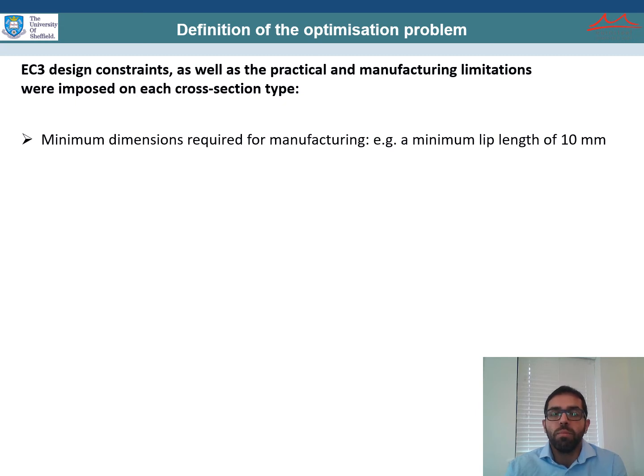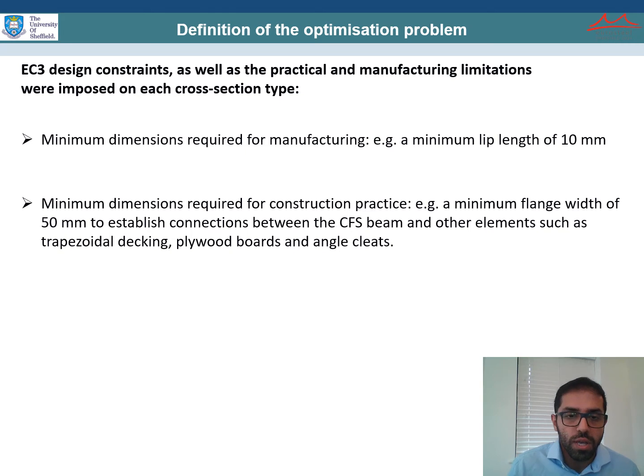It means a minimum lip length of 10 millimeter was taken into account, and also minimum dimensions required for construction practice were considered. For example, a minimum flange width of 15 millimeter was used to establish the connections between the cold form steel beam and other elements, such as trapezoidal decking, plywood boards, and angle plates.